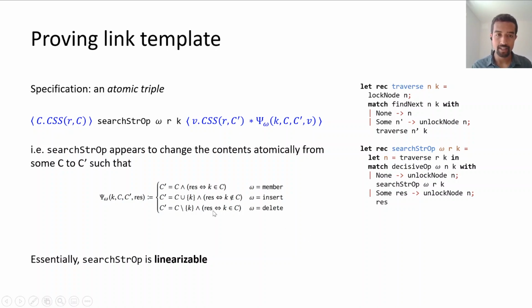So in the case of delete, C prime should be equal to C minus K, and the result should be true if K was present in the data structure before the deletion. So what this atomic triple means essentially is that search structure op is linearizable, which is the standard correctness criterion for data structures.